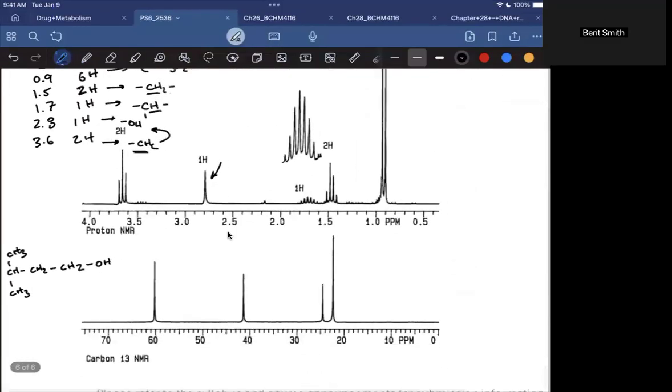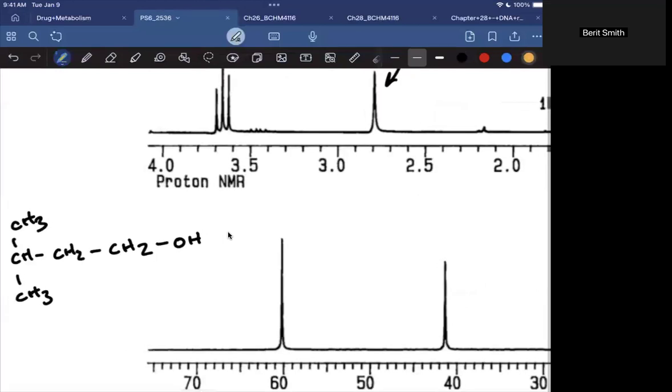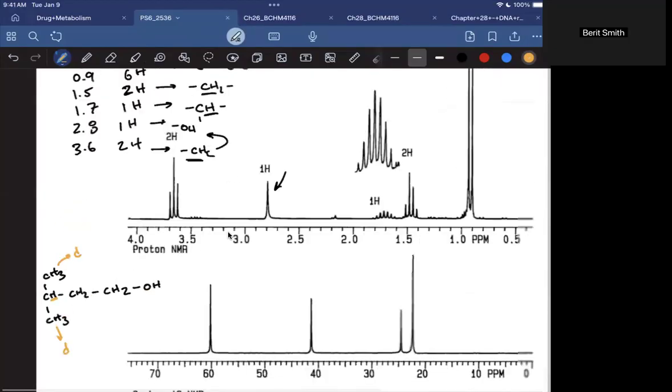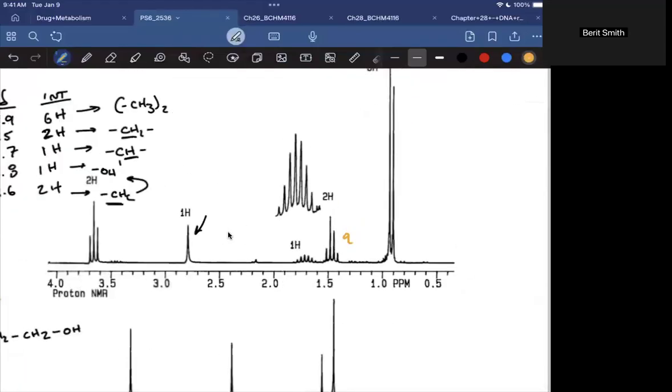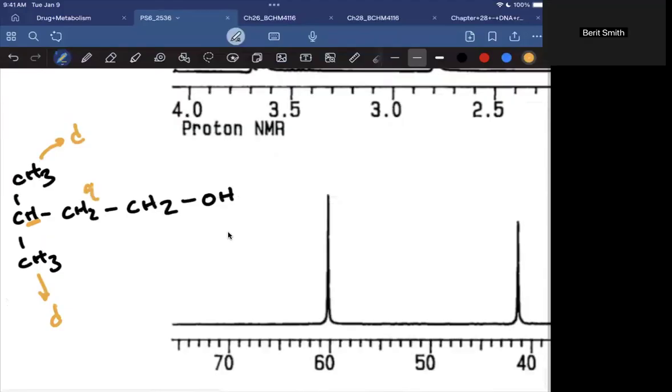All right, so we can check this with our spin-spin coupling. We've got the doublet from these methyls, which works out because this is going to be a doublet. And then the CH2 has 1, 2, 3 neighboring hydrogens. So that's going to be a quartet, which looks like it is. So that checks out.